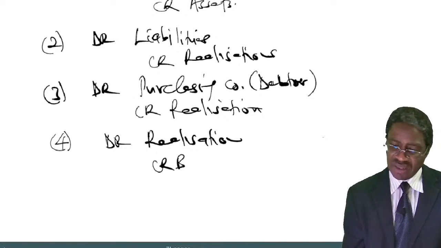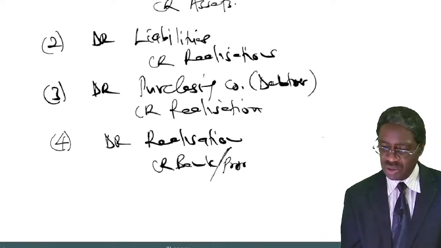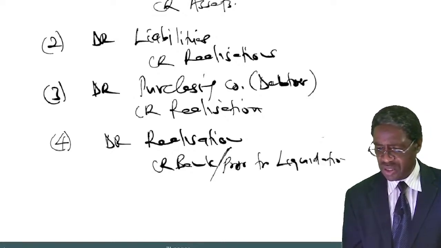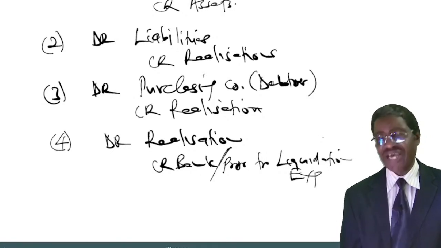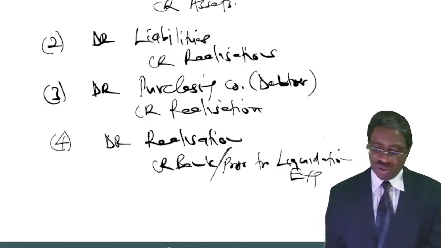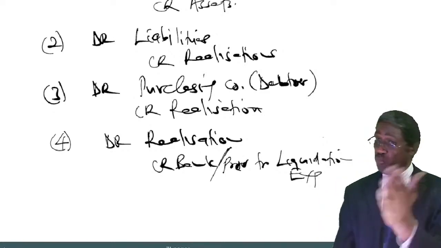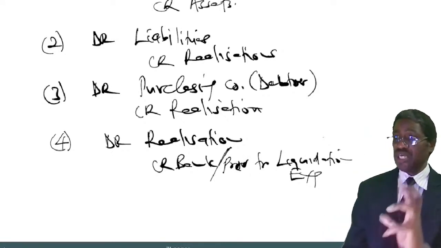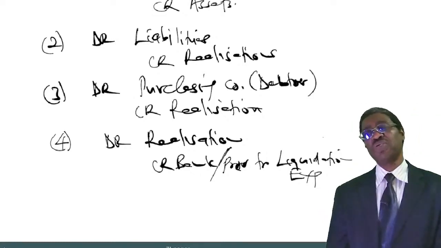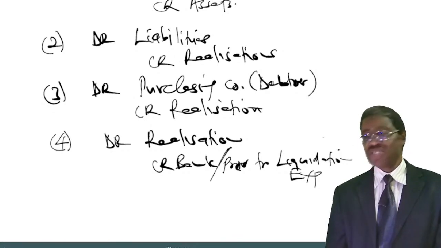Debit realization, credit bank, stroke provision for liquidation expenses. If you paid it, credit bank. If you incurred but never paid, you credit the account called provision for liquidation expenses. Good. That is it for number 4.